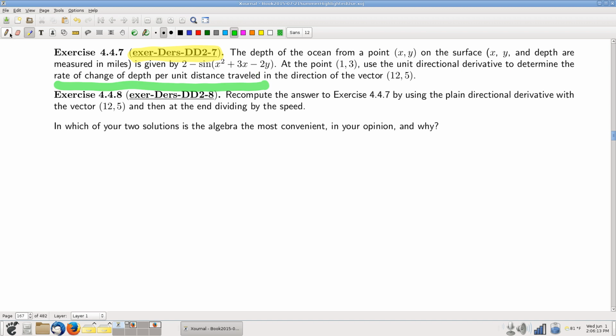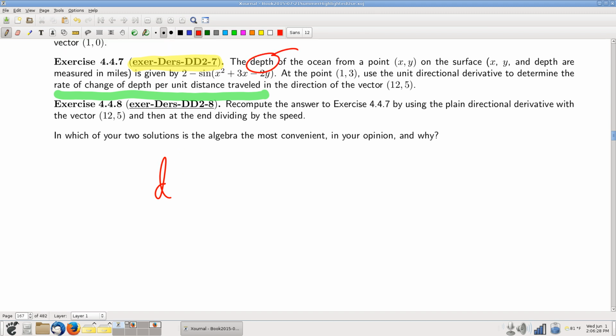Well, if you think about it, what that means is if you're looking for the rate of change of this depth function, we don't have a name for this. I'm going to call it H. So dH/ds, right?